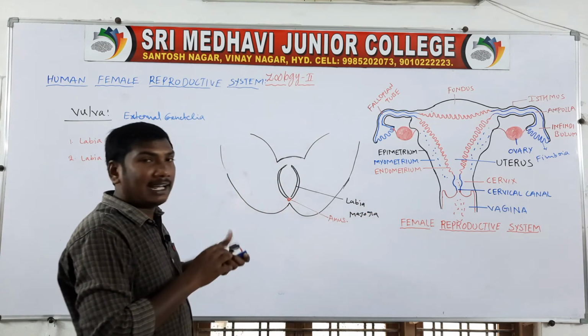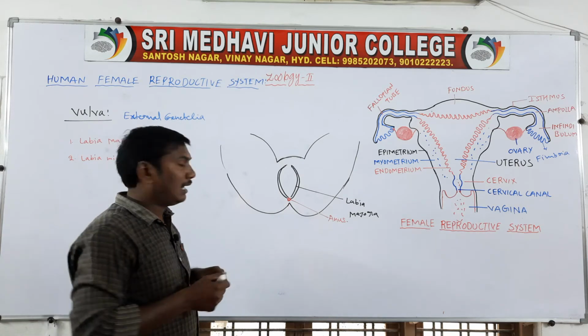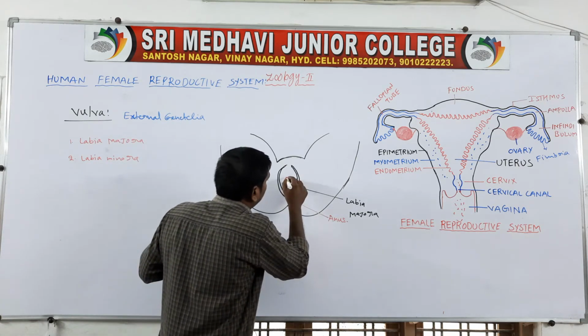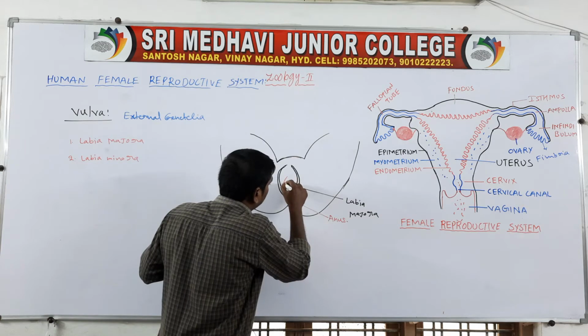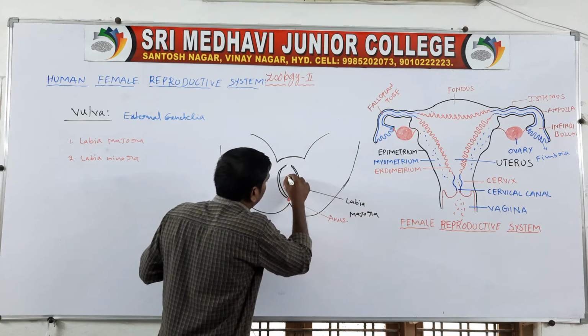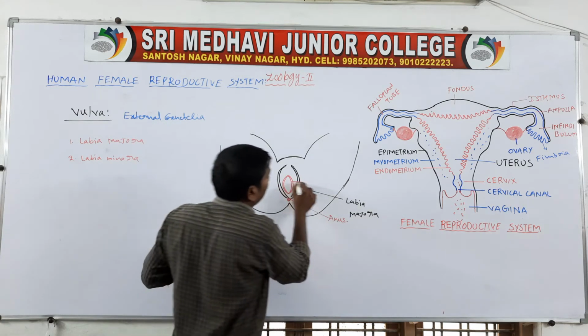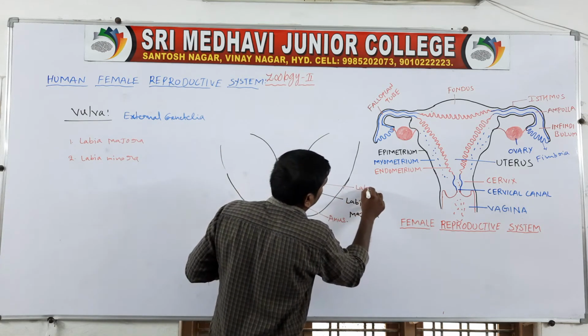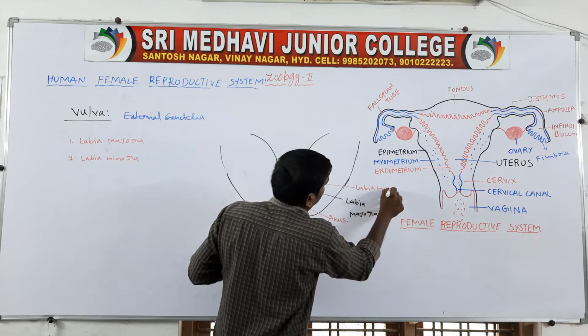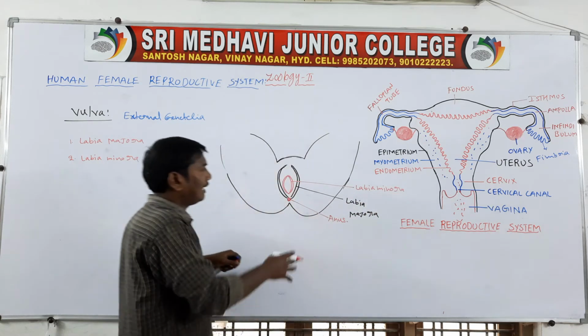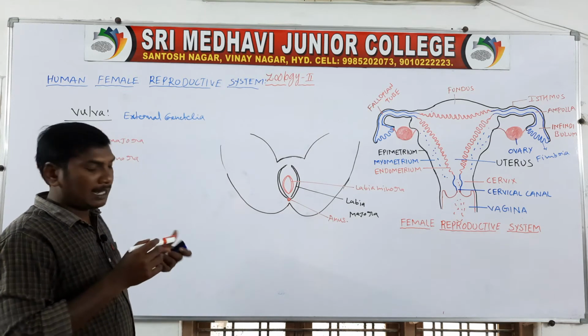Next, another lip-like structure, the labia minora. So these are the labia majora and labia minora.